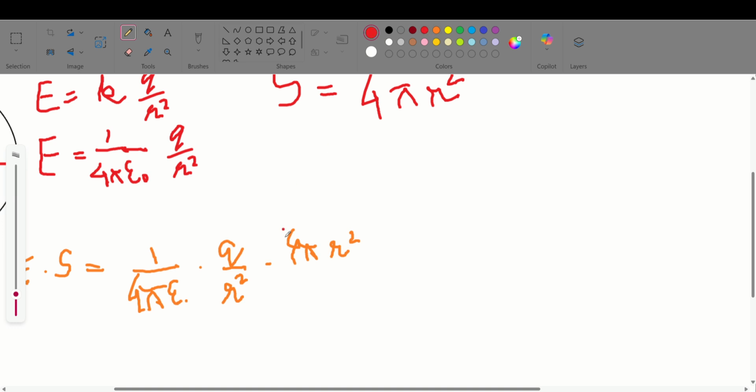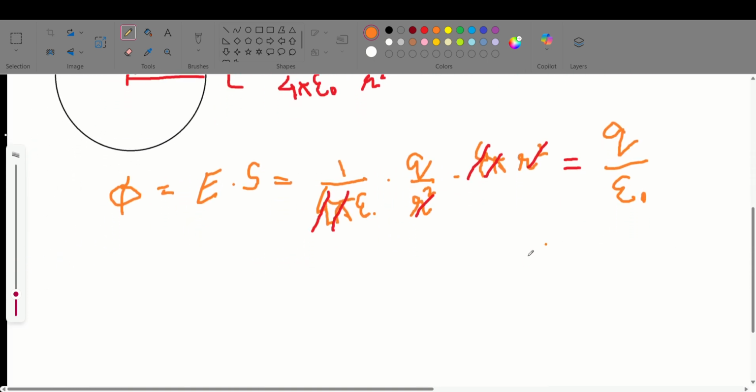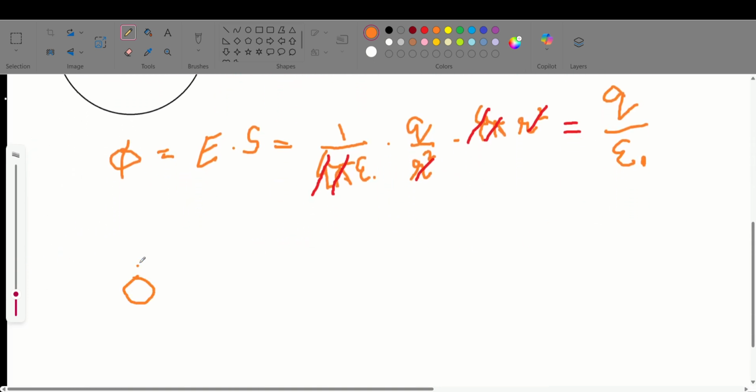Now let's look at the terms which can cancel out. The 4's cancel out, the pi's cancel out, and the r squared cancels out. So now this leaves us with q by epsilon naught. So here we have the final value of flux, which is q by epsilon naught.